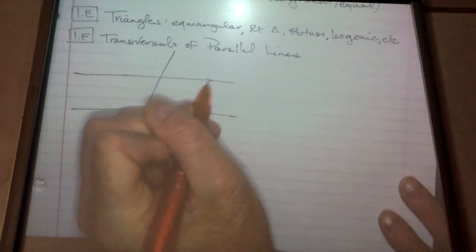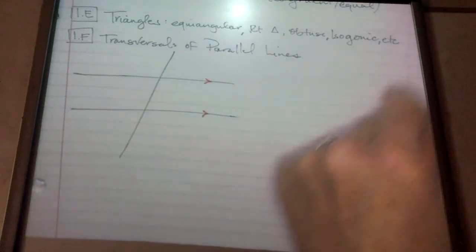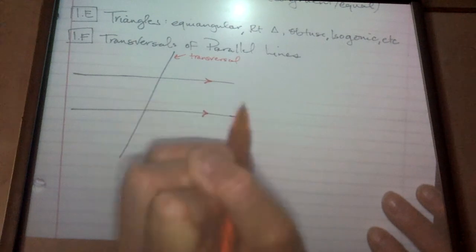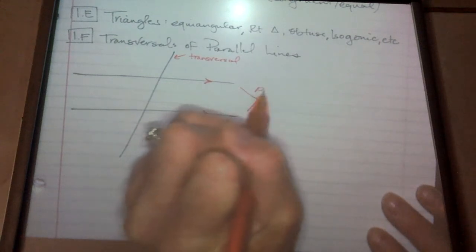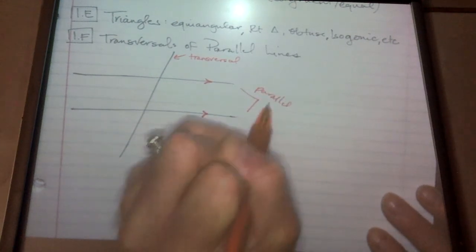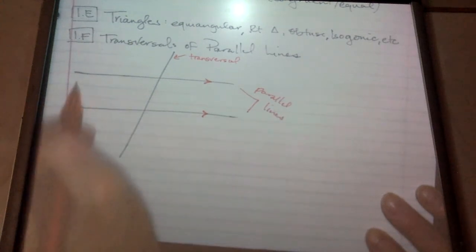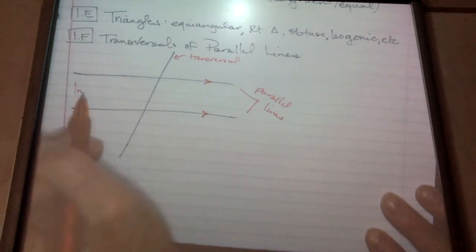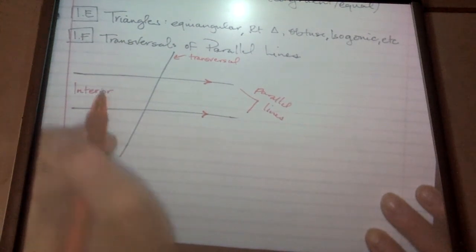To indicate that it was parallel, right, I would do that. And this right here is your transversal. These right here are your parallel lines. In between my parallel lines is called the interior. Outside of that space is exterior.